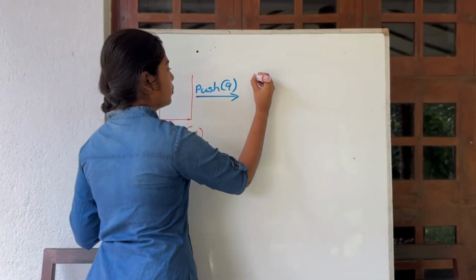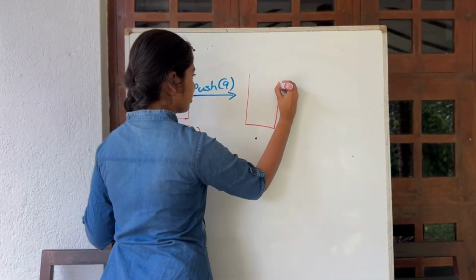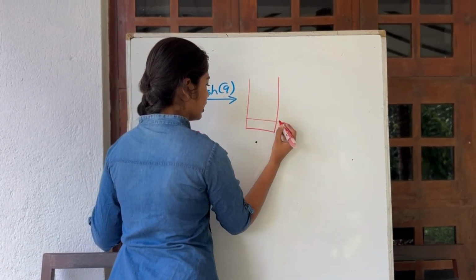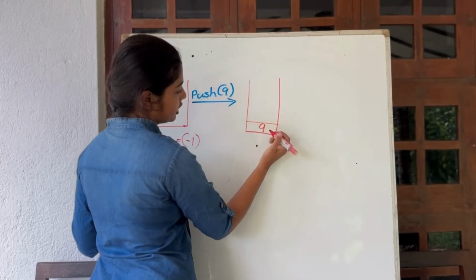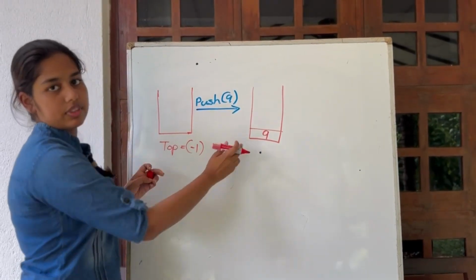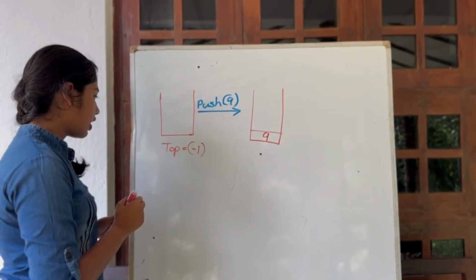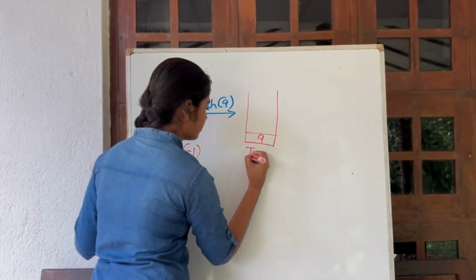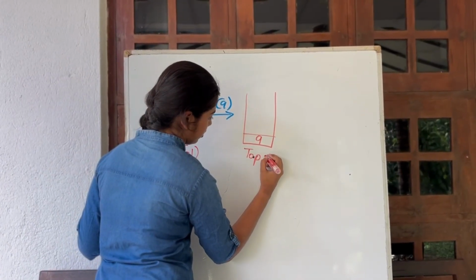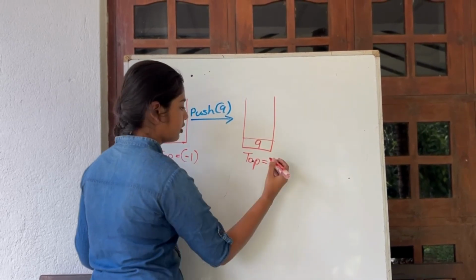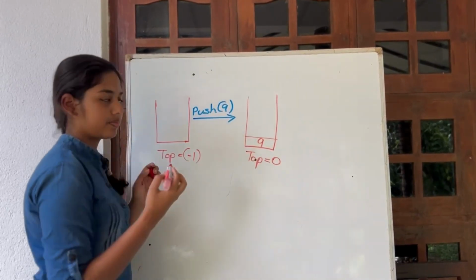After pushing 9, the 9 is going to sit at the bottom of the stack. Now the top value is increased by 1, it is 0.